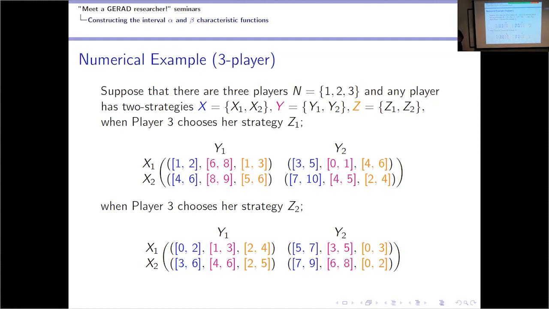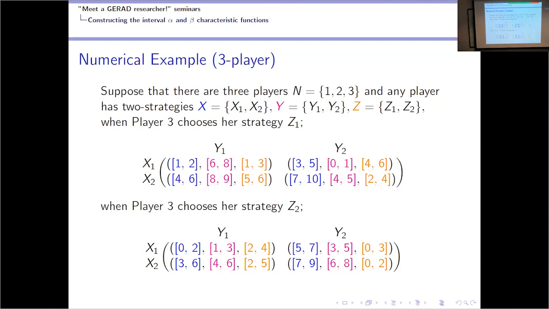So, for example, when players 1 and 3 form a coalition, let me just mention again: the first payoff refers to player 1, the second payoff, which is pink, refers to player 2, and the third one, which is orange, refers to player 3.